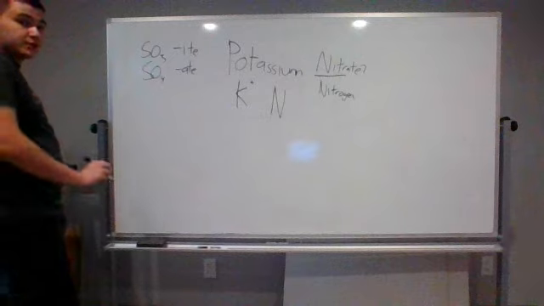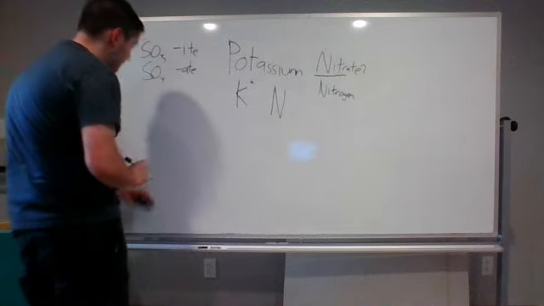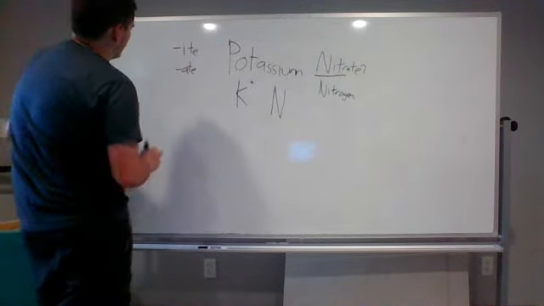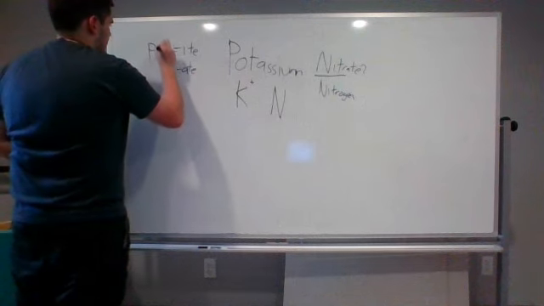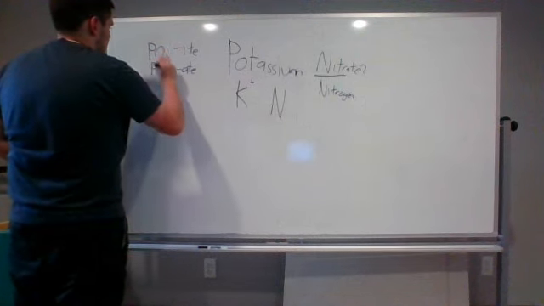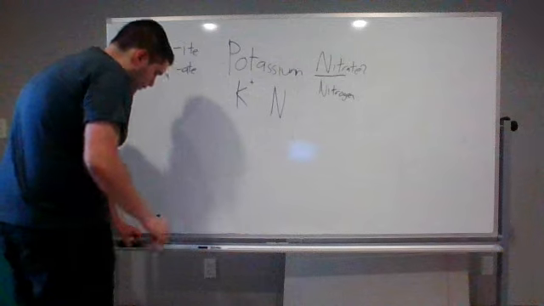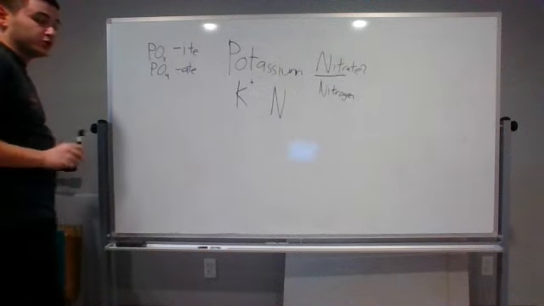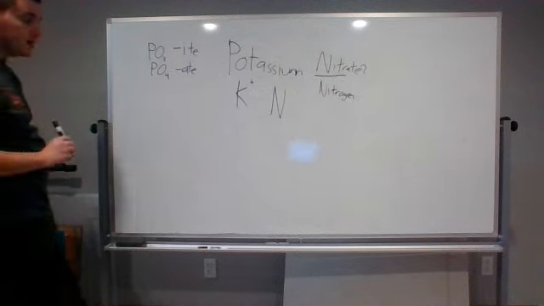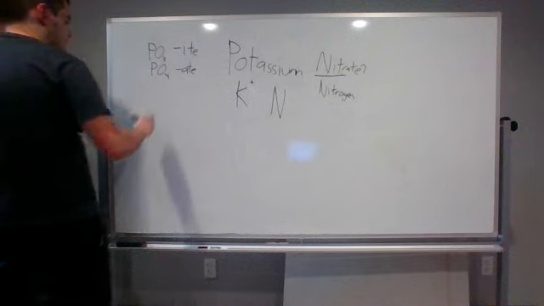It's SO3, SO4. And potassium is the exact same way. These are the 2 suffixes you're going to want to know if you're working with polyatomics. There are 2 prefixes.